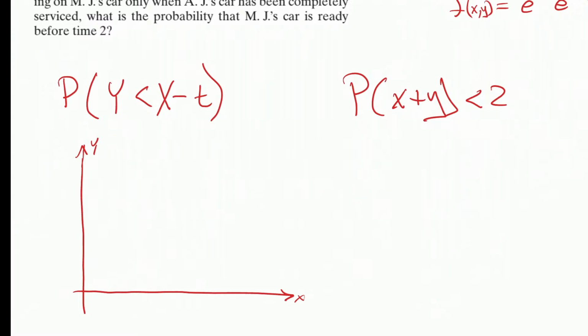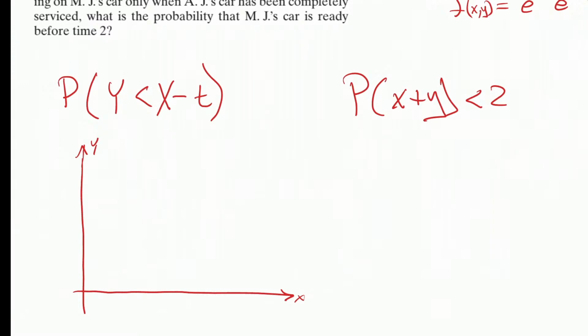MJ has to take a small amount of time, like half an hour, to get her car done, and AJ has to take a long time to account for the fact that MJ showed up late to the appointment. Let's say that AJ's car takes 2 hours and MJ is an hour late. Then MJ better take less than an hour to beat AJ out the door.